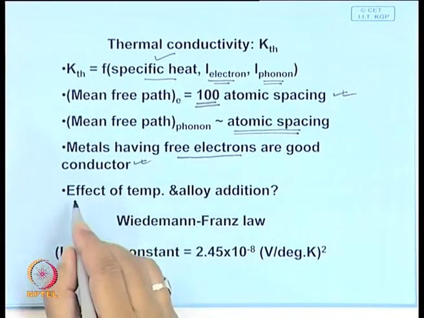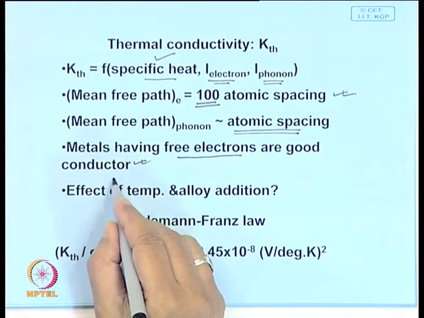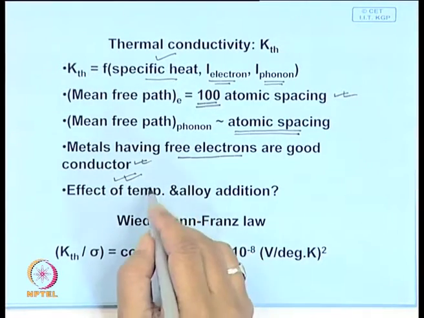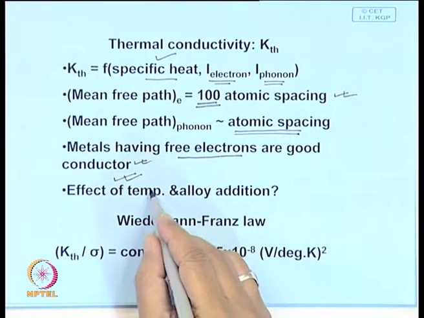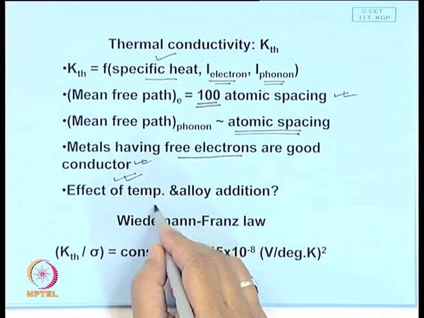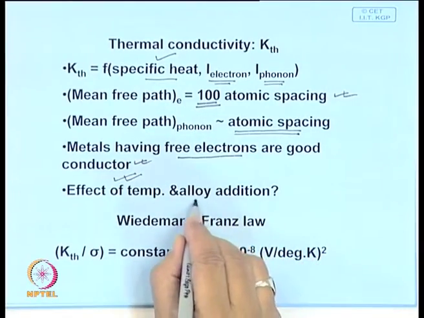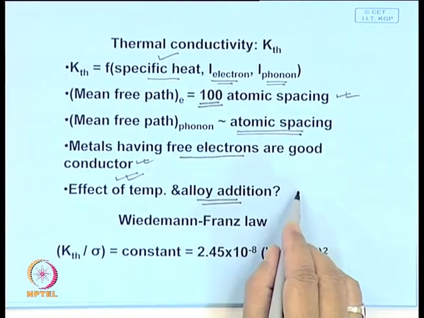Now, here also you can discuss in the same way what will be the effect of temperature. With increasing temperature, resistivity goes up, so thermal conductivity will go down. Similarly, alloy addition also will bring down thermal conductivity.